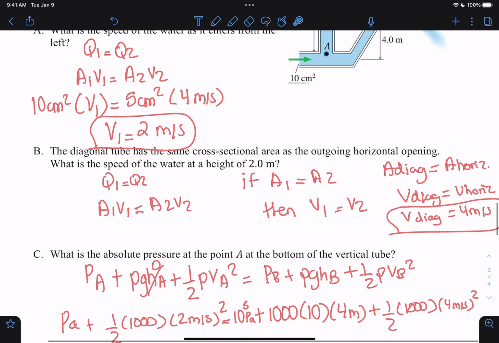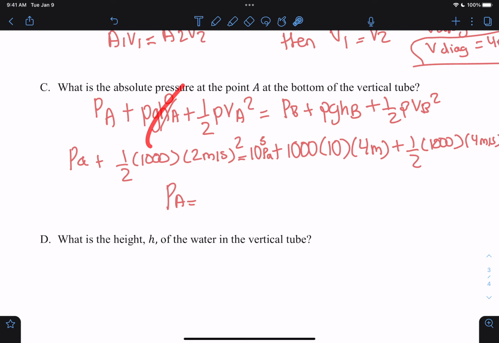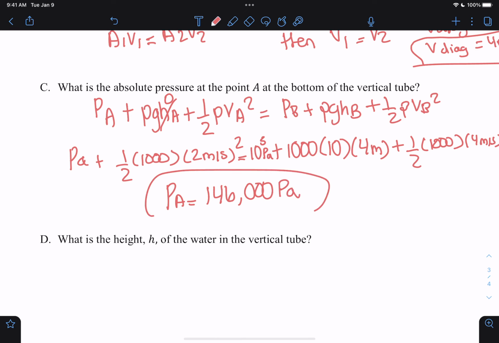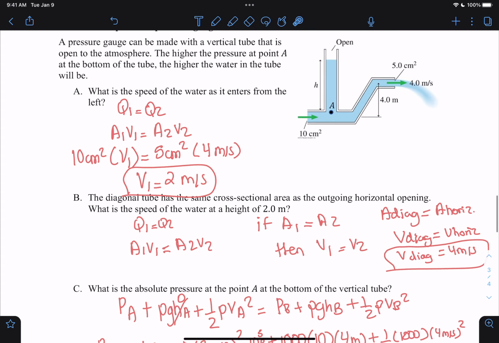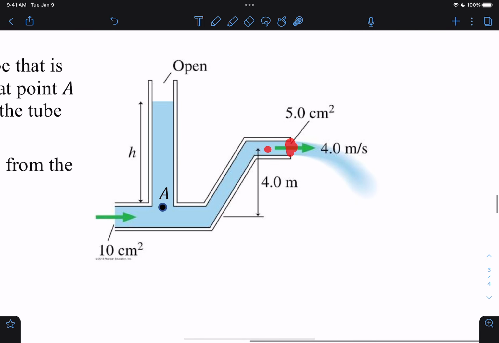And we know that the height there at the bottom is 0, so that goes to 0. Once we solve for A, we can get 146,000 pascals, right? Exactly, yep. Since it's open to the atmosphere, right here, that should be our atmospheric pressure, 10 to the 5th pascals there.